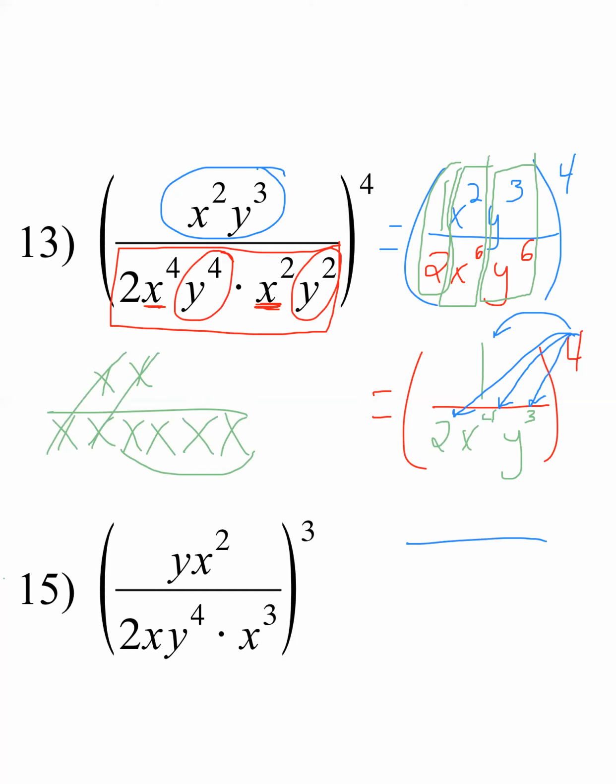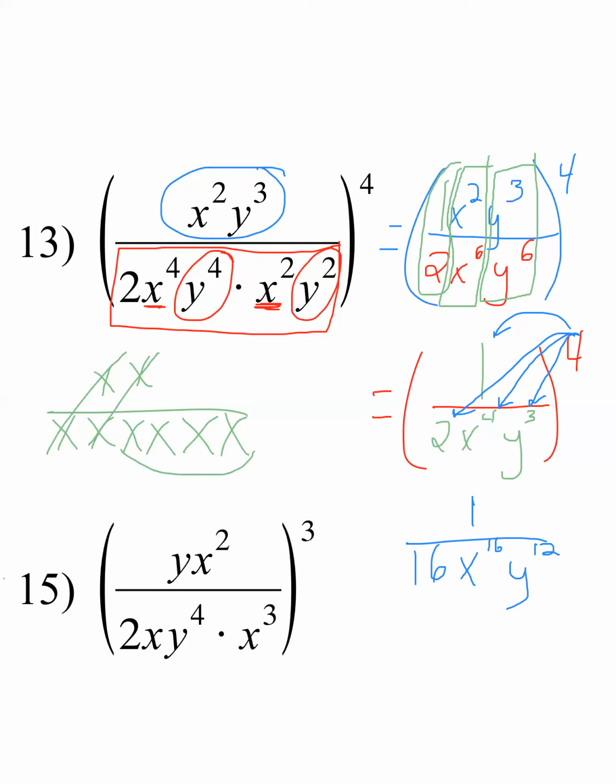So 1 to the 4th is just 1, 2 to the 4th is 16, x to the 4th to the 4th gets you x to the 16th, and y to the 3rd to the 4th gets you y to the 12th.